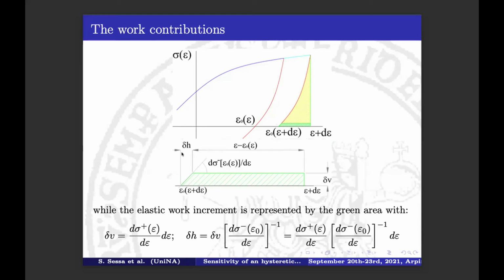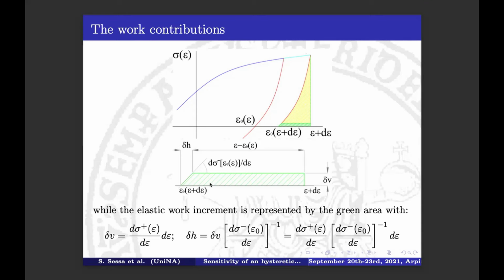Here is a magnified figure. This is a typical feature of this class of materials, because the transition curve, this red curve, translates if we start from another point of the boundary curve.